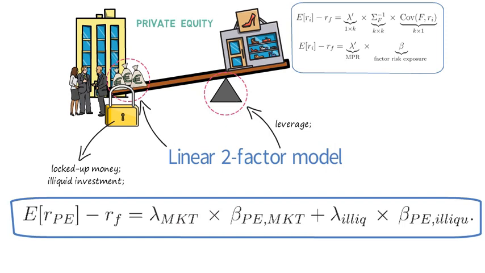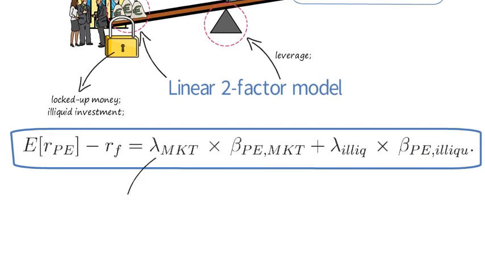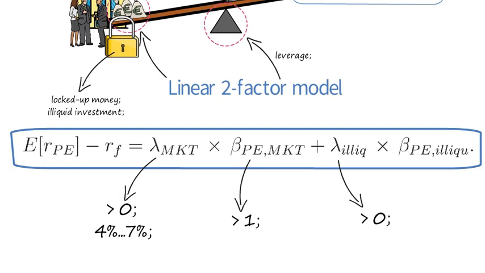So one could think that the lambda of the market is larger than 0, somewhere in the range of 4 to 7%. On the other hand, the beta PE market is likely larger than 1, as it's a leveraged investment into firms. Now, in addition, the lambda for illiquidity is thought to be positive, meaning the illiquidity market price of risk is positive.